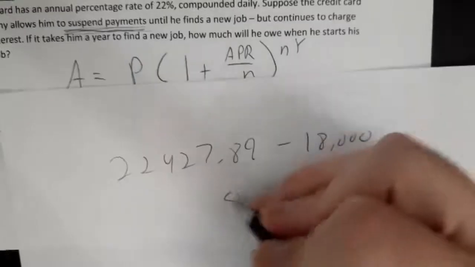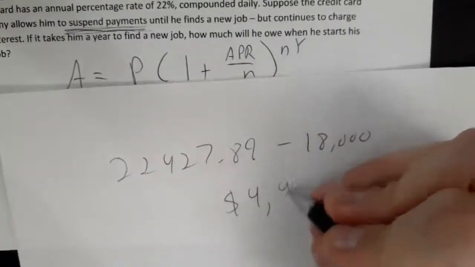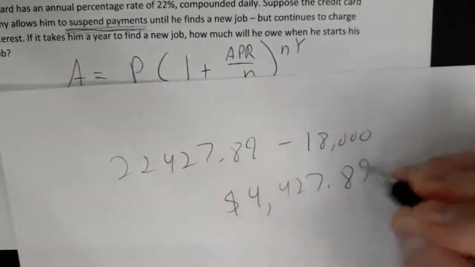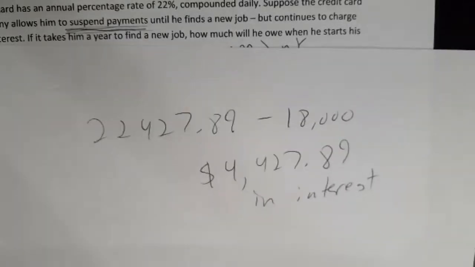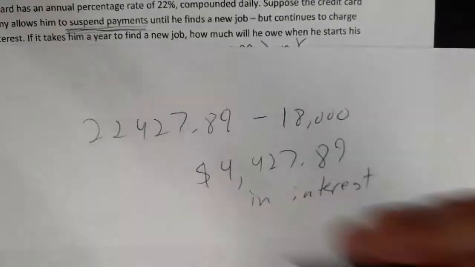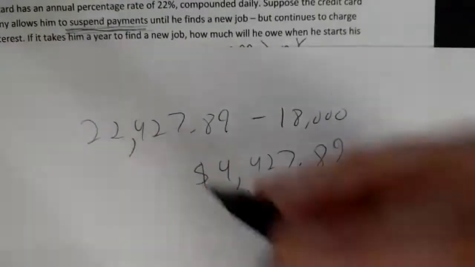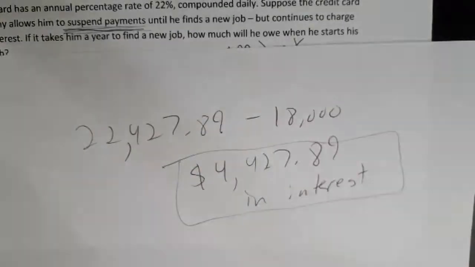And so if I'm thinking about it, he's paying $4,427.89 in interest just to keep this amount there that he owes. So he started out owing 18,000. Now he owes 22,000. That's a total of about $4,000 that this thing went up in a year when he didn't make any payments.